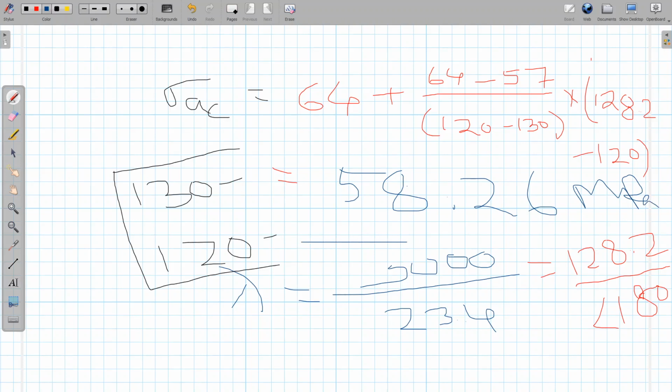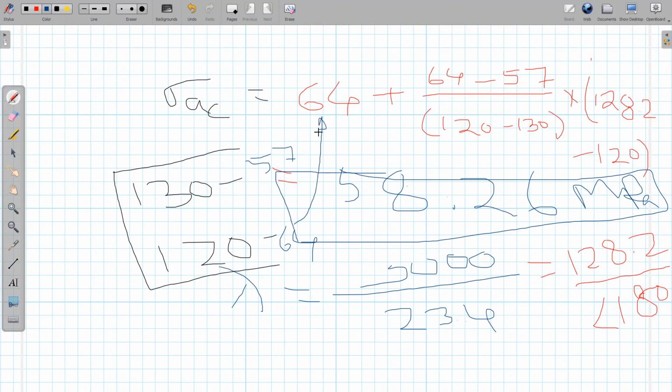Let me quickly explain how I calculate this. For lambda 130 the value was 57, and for lambda 120 the value was 64. My target value is 128.2. First I write the value corresponding to the minimum lambda, that is 64, plus the difference between minimum minus maximum, or maximum minus minimum, both are the same.